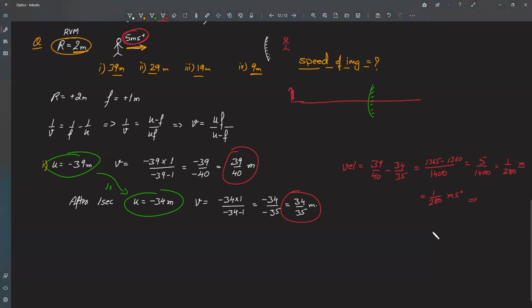If the object moves from, say, beyond focus to this point where there is focus, actually this is a convex mirror, you know that in all the cases you will get an erect image on this side, right?